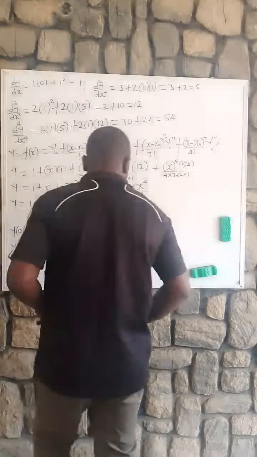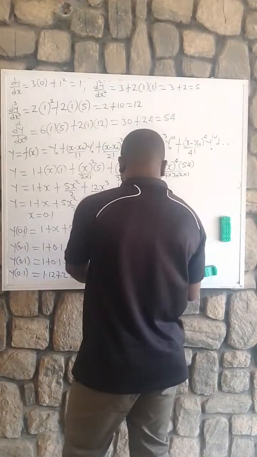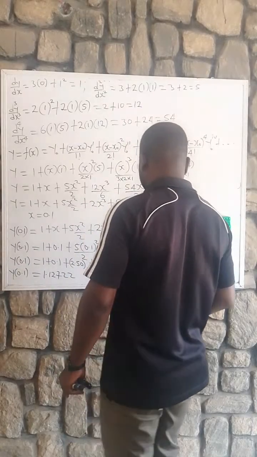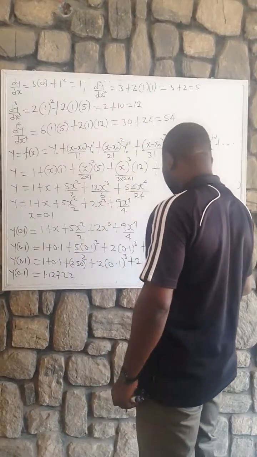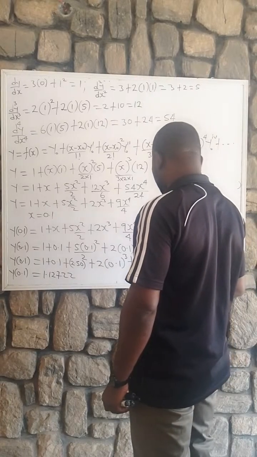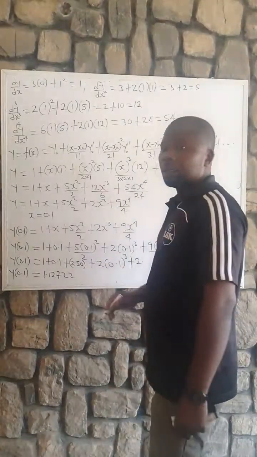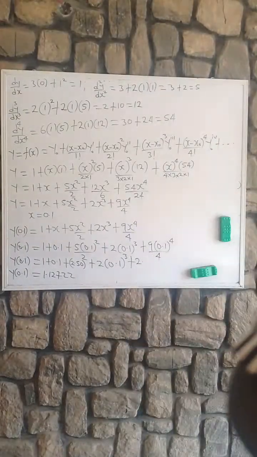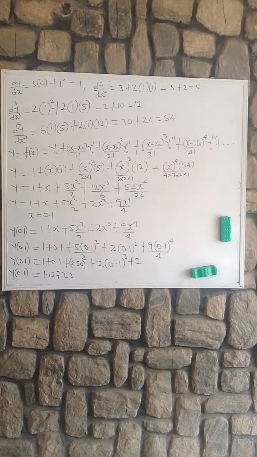So you just finish these two. 9 divided by 4 is 2 point what? 2.25, right?